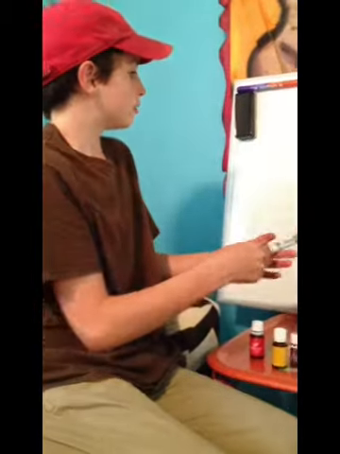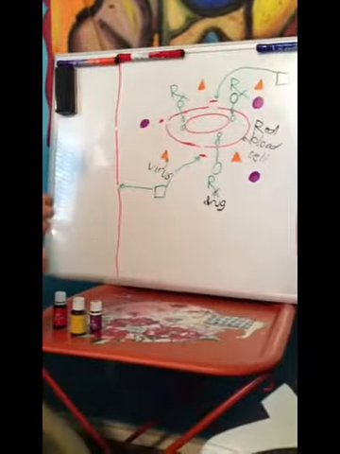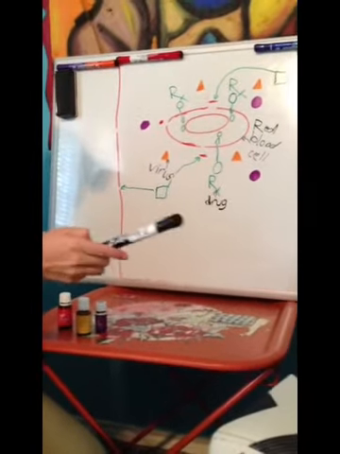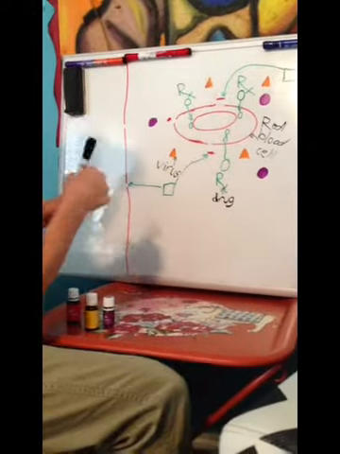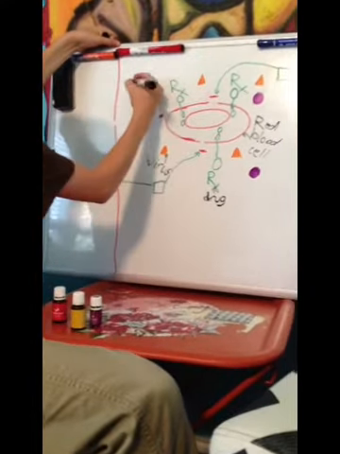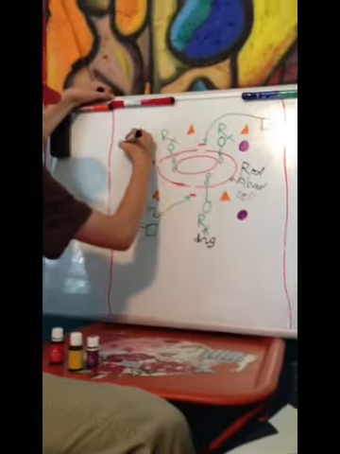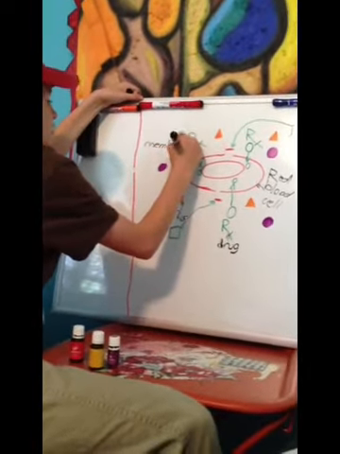As the oxygen is being forcefully pushed in, the cell membrane is broken down, and pieces of it start to break off and float around in your bloodstream, and that's what these little red smudges are. I'll write membrane and then with an arrow pointing to one of them to show that.